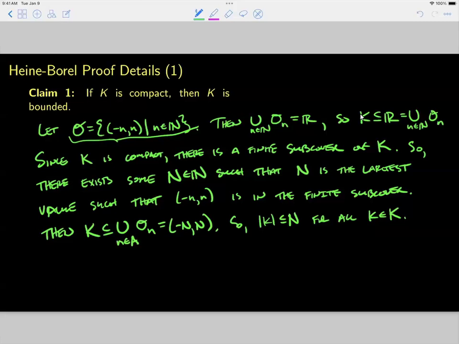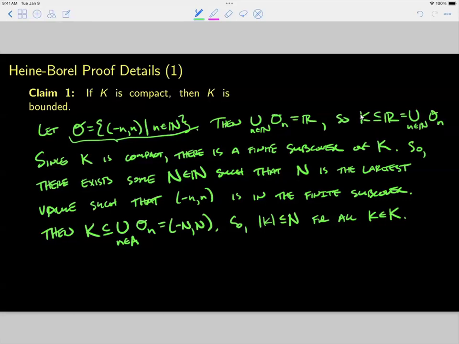So the idea here is if K is compact, I think of these as balls centered at zero, and they're bigger and bigger and bigger. That forms an open cover eventually of all of R, but then it's an open cover of K. But now you've expanded this, and then you go, oh, well, it's compact, so there's some finite subcover.